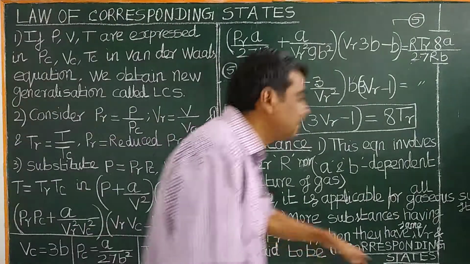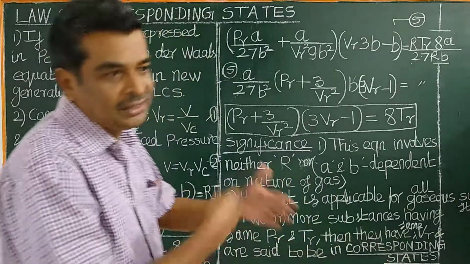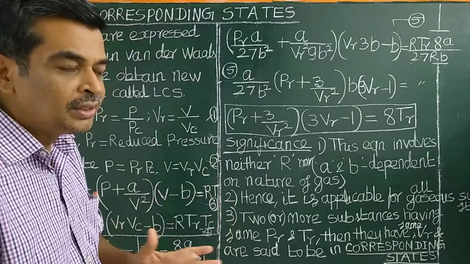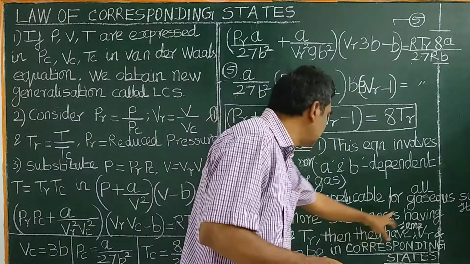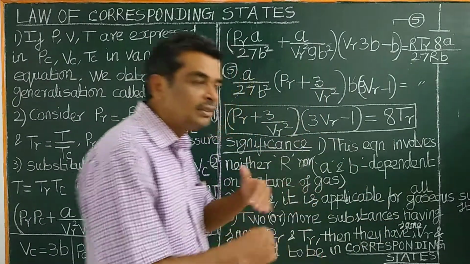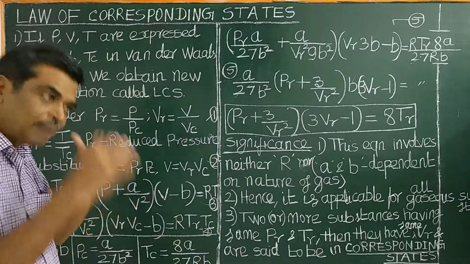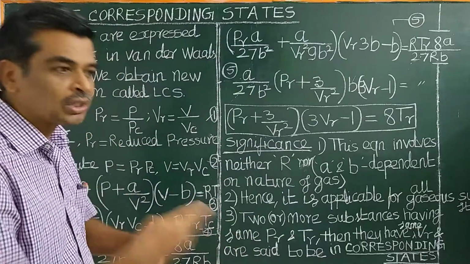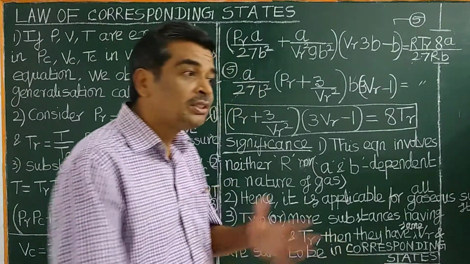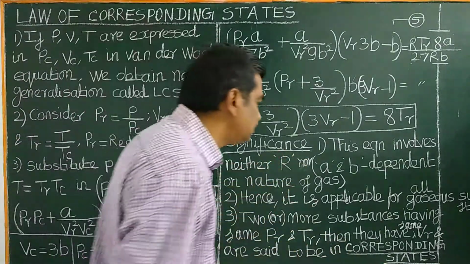Then they are said to be in corresponding states. They are in related states. Corresponding means related states. Then two or more substances having the same reduced pressure and reduced temperature have the same reduced volume. Then they are said to be in the corresponding states.